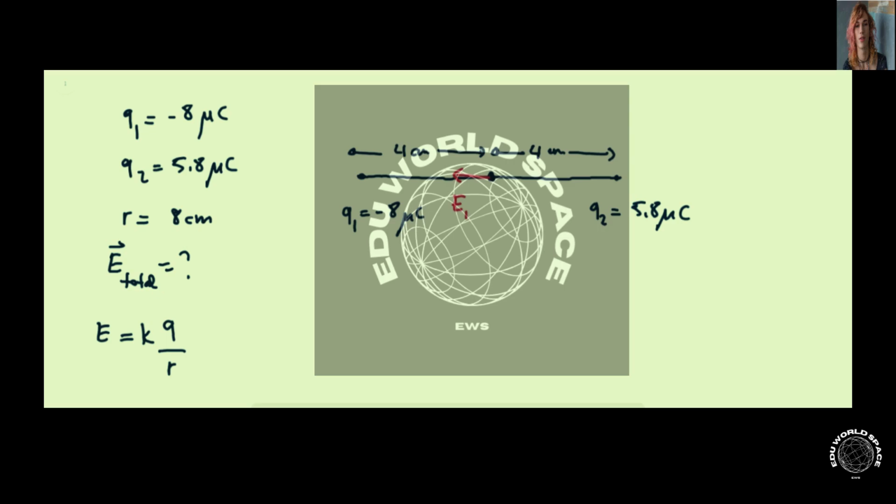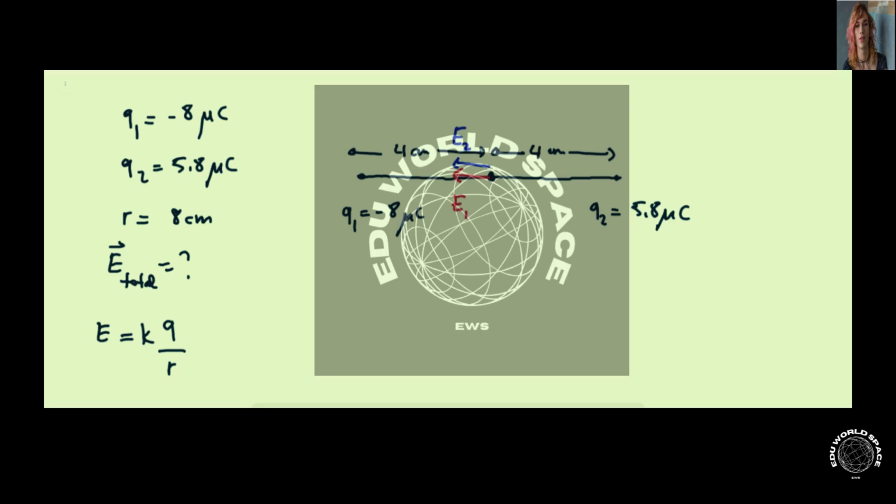Now, if we have a positive charge, we have the opposite. The electric field generated by a positive charge is always radially outwards, so it's going to be away from a positive charge, which makes the electric field also in the same direction as E1. So we have two electric fields at this particular point, the midpoint between the two charges.